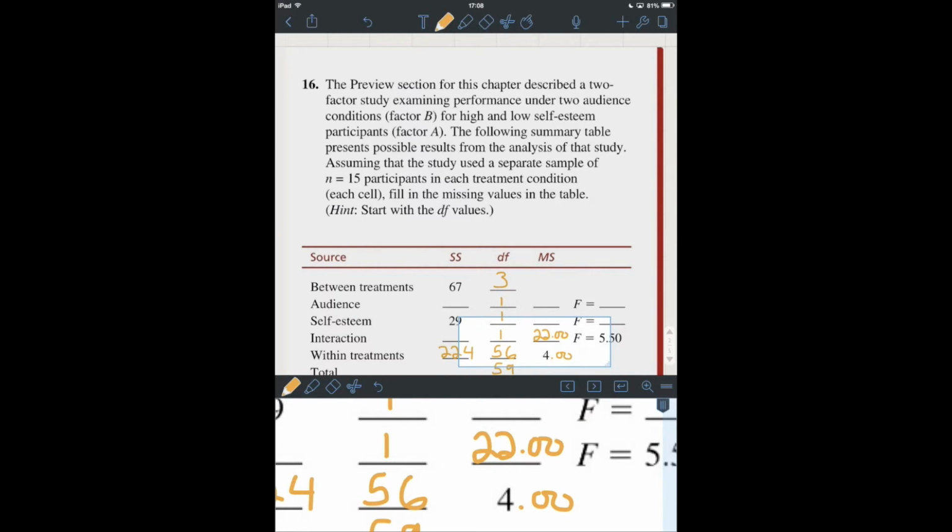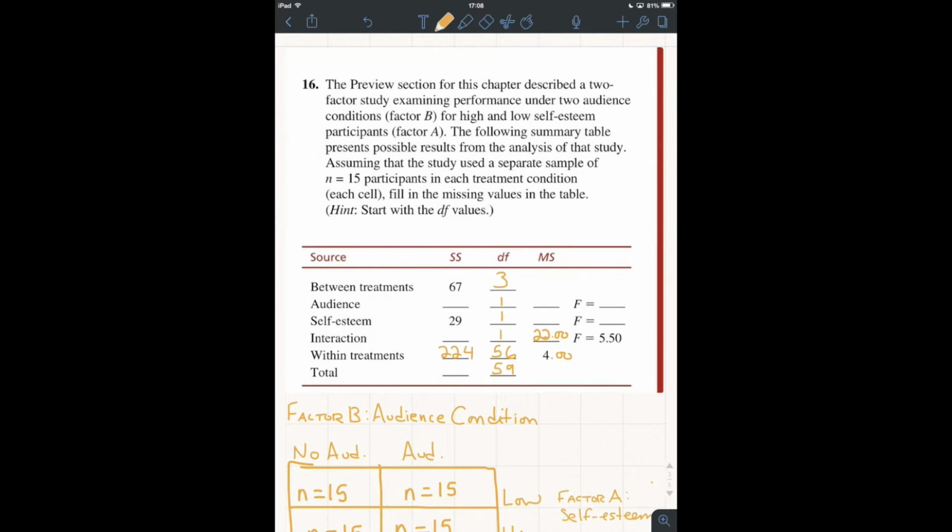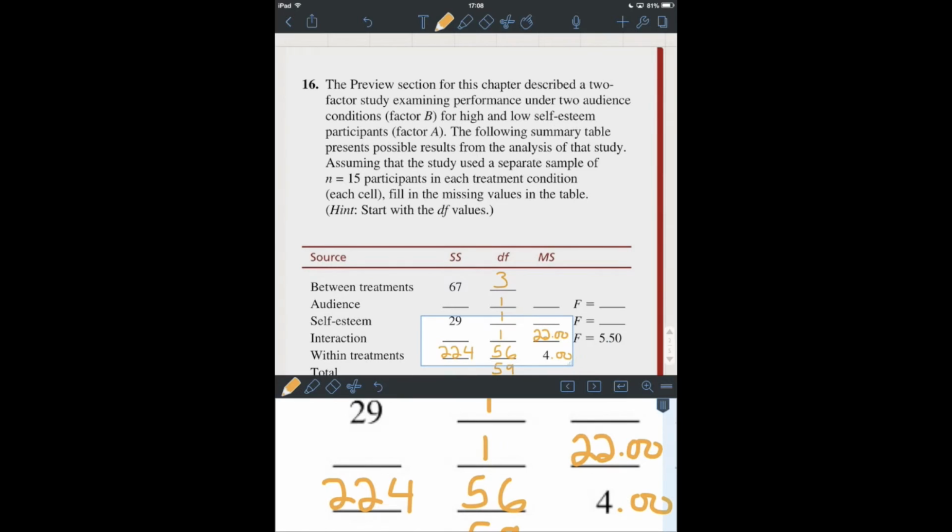There, and another thing we can do without calculation, since the degrees of freedom of the interaction is 1, we know MS interaction is SS divided by DF, so 22 divided by 1 is 22, so we can simply put in 22 for the sums of squares interaction.